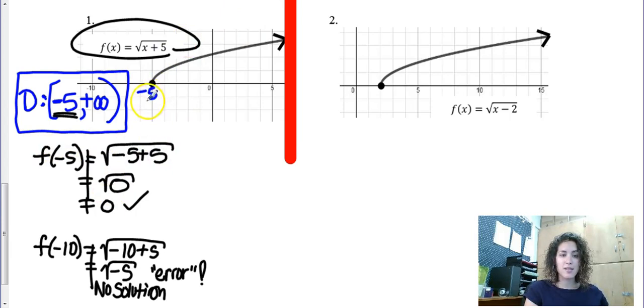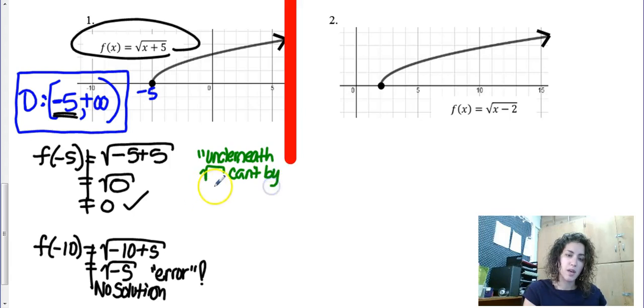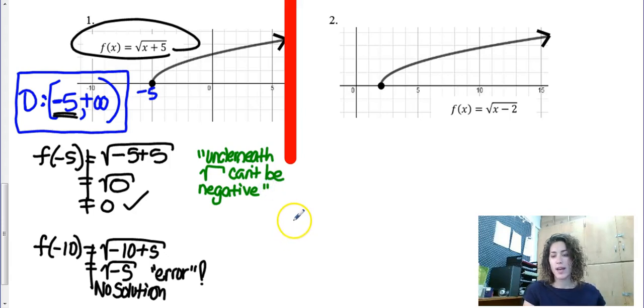So how do I say that what's under here can't be negative? So I'm going to put that in quotes. Underneath radical can't be negative.